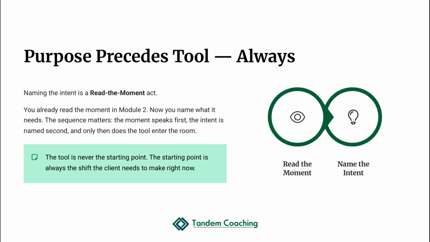That naming is itself a read the moment act. If you're honest about what this moment calls for, awareness, clarity, action, or integration, the tool choice follows with much less friction. If you skip it, you're guessing. And coaches who guess tend to reach for what's familiar rather than what fits.